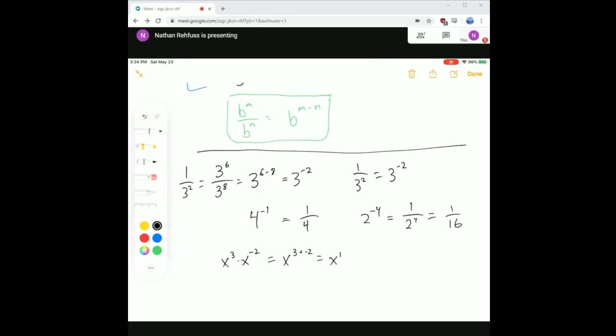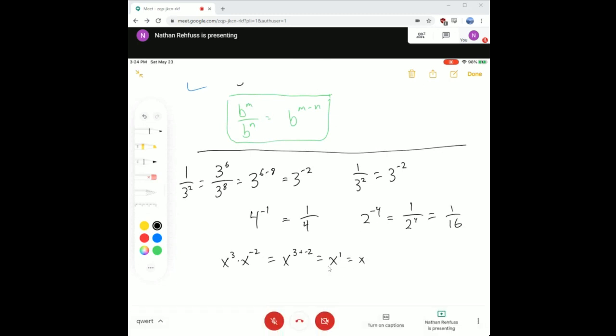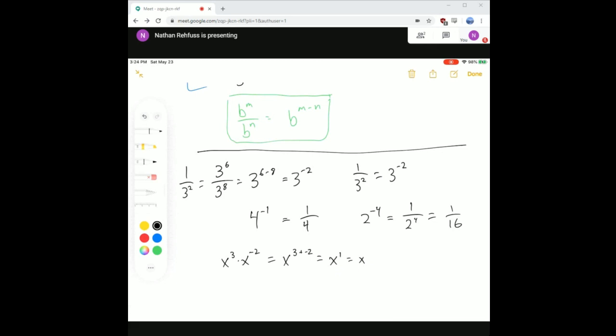Haven't seen this expression yet. X to the first power, what could that be? Yep, that's right. There's 1 copy of x, so 1 copy of x is just x. Now, x could have been any number here. Any number to the first power is that same number. So 5 to the first power is 5, 11 to the first power is 11. All right. So that's our product property.